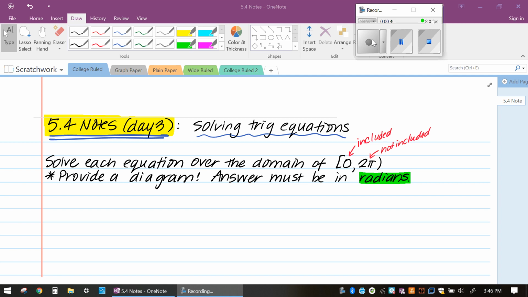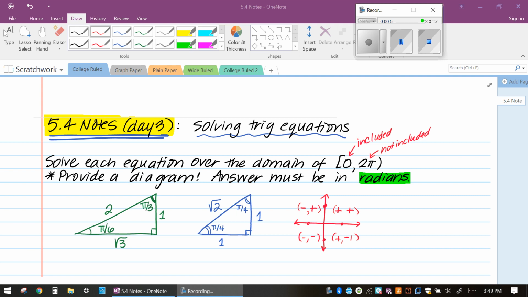Just make sure that you're using radians. Draw the two special triangles and then your quadrantal angles with the coordinates, the pluses and the minuses. Pause the video and unpause it when you're ready. Okay, hopefully you didn't cheat and you actually wrote them on your own.